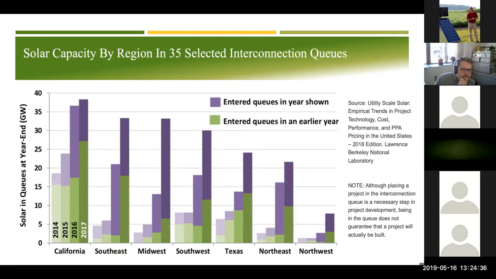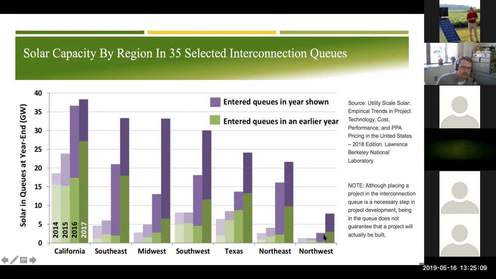This is an interesting chart that was put out by Lawrence Berkeley National Lab. It's looking at utility scale solar projects that are in the interconnection queue. So these are large-scale projects that have submitted for interconnection into their grid operator. It's fascinating, each of these is a year. If you look back to, say, 2015, how much of the market was dominated by California compared to others?